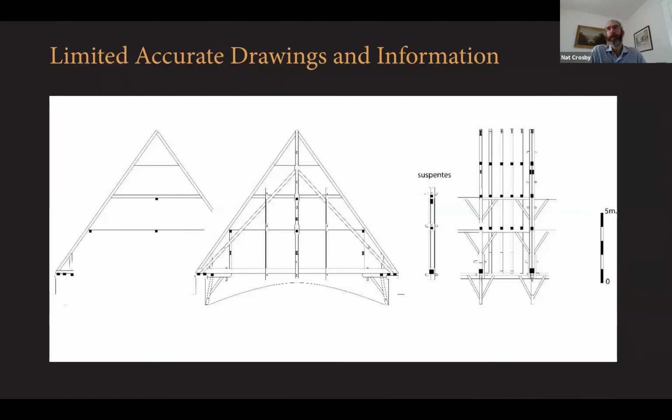But to my surprise, there really was limited accurate drawing information online and even in the archives in France that we could readily jump into.